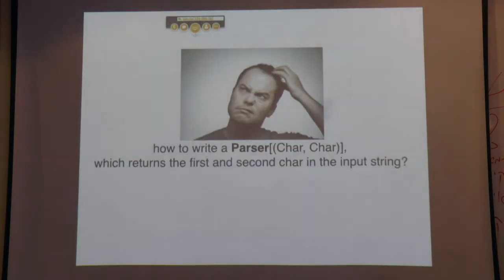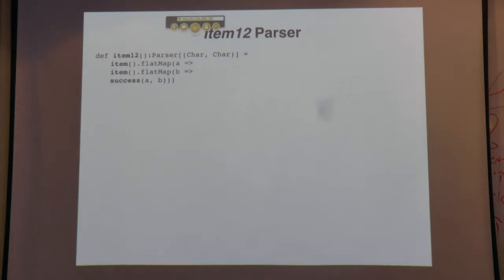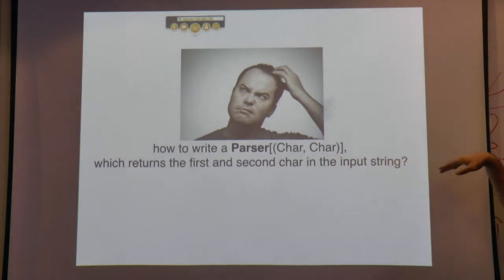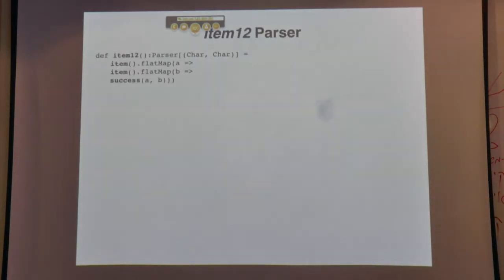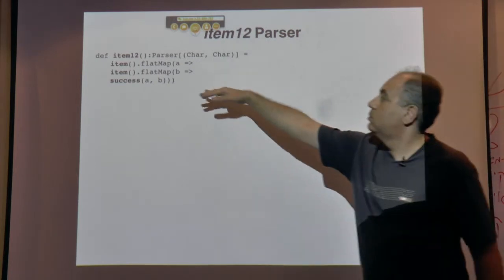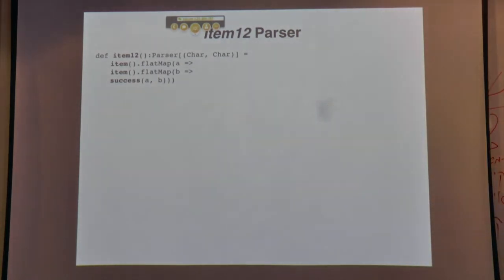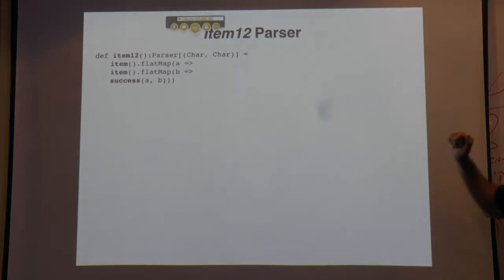And now we'll see how to implement our parser to return the first and the second character of the input string with flatMap. This is the code. I even formatted it to make it cleaner, so it should be pretty obvious how it works.